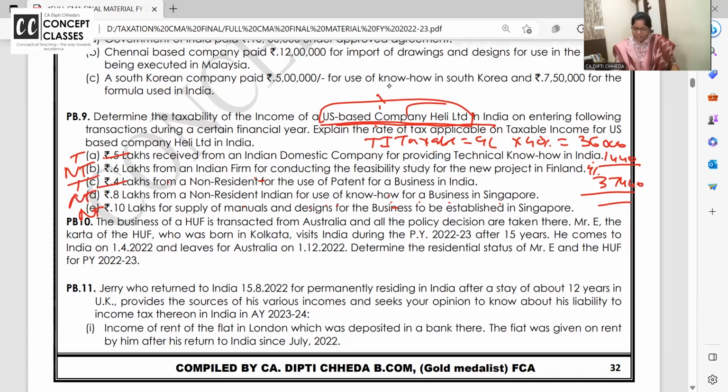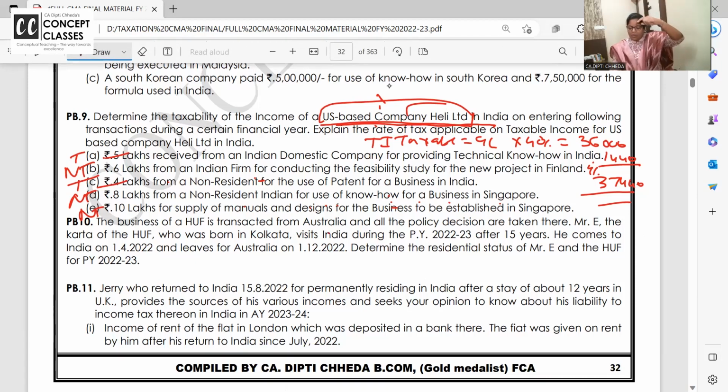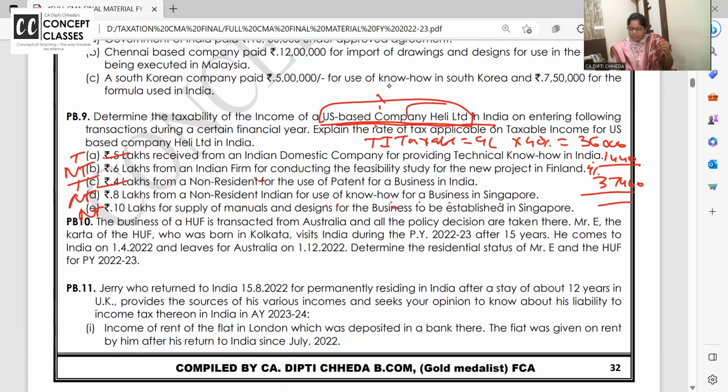Business of HUF is transacted from Australia. All the business decisions are taken by Mr. E, Karta of HUF, who was born in Kolkata, and he visits India after 15 years.